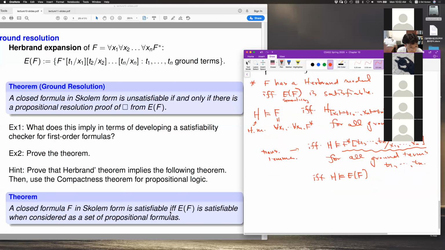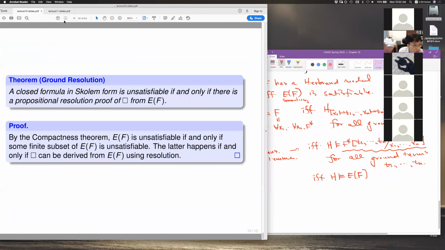That's the theorem that I just proved. Just as a reminder, the theorem says every closed formula in Skolem form is unsatisfiable if and only if there is a propositional resolution proof of box from the Herbrand expansion of F.